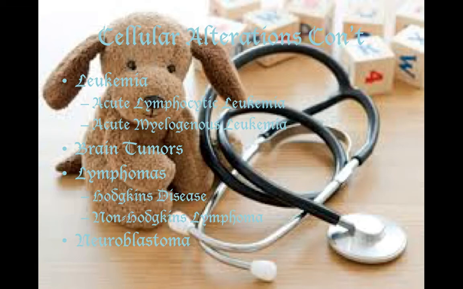The child with ALL has to have a temp taken axillary rather than rectally because the child has a low platelet count. When suspecting Hodgkin's disease and palpating lymph nodes, as the nurse, you would expect to find the following lymph nodes enlarged. Usually it will be your supraclavicular and your cervical.